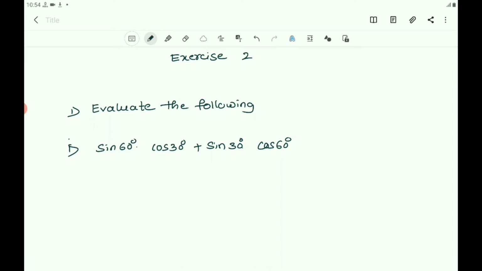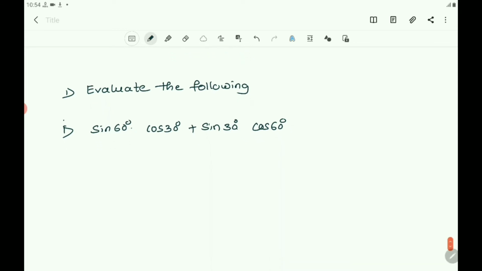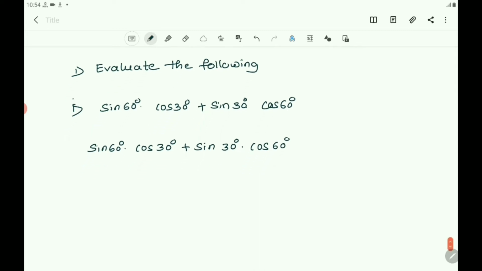We have to evaluate the value of this. First you take sin 60 degree cos 30 degree plus sin 30 degree cos 60 degree, that equals, you know the value of sin 60. What is the value of sin 60?